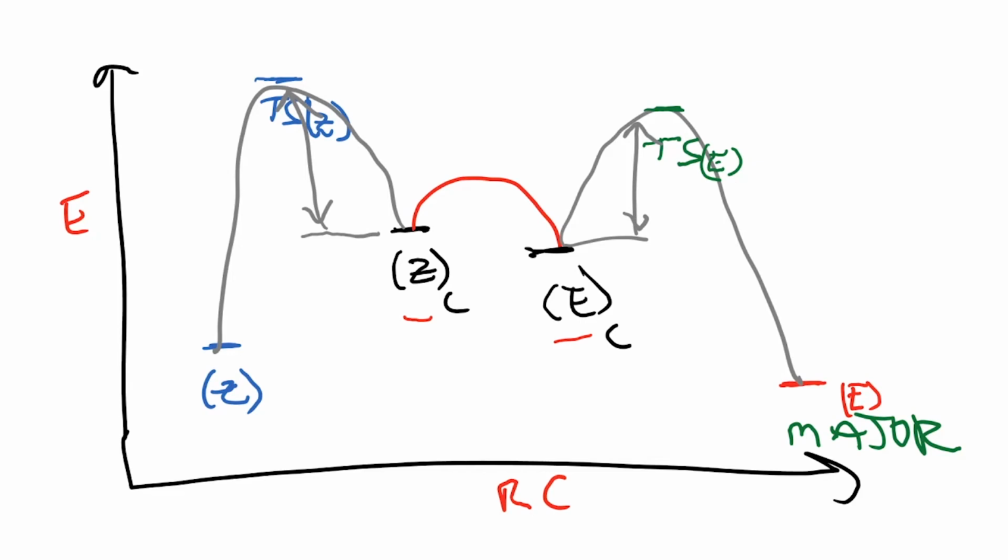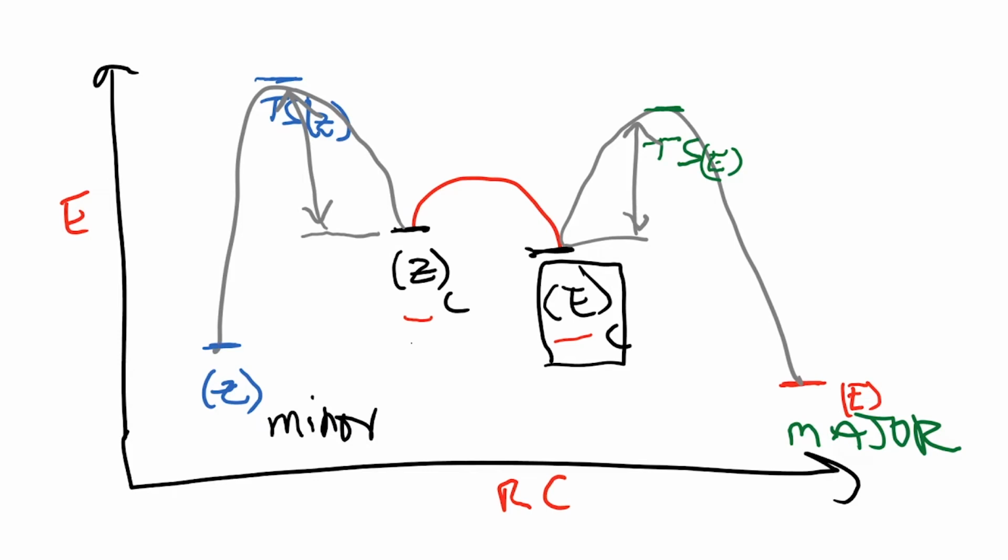So when we consider reactions where there's going to be a competition, here is a competition between the formation of the Z product and the E product. So we know that the Z is the minor product and the E is the major product. Okay, so we are tempted to say that the conformation that leads to the formation of the E product is substantially higher in population compared to the conformation that is leading to the Z product.